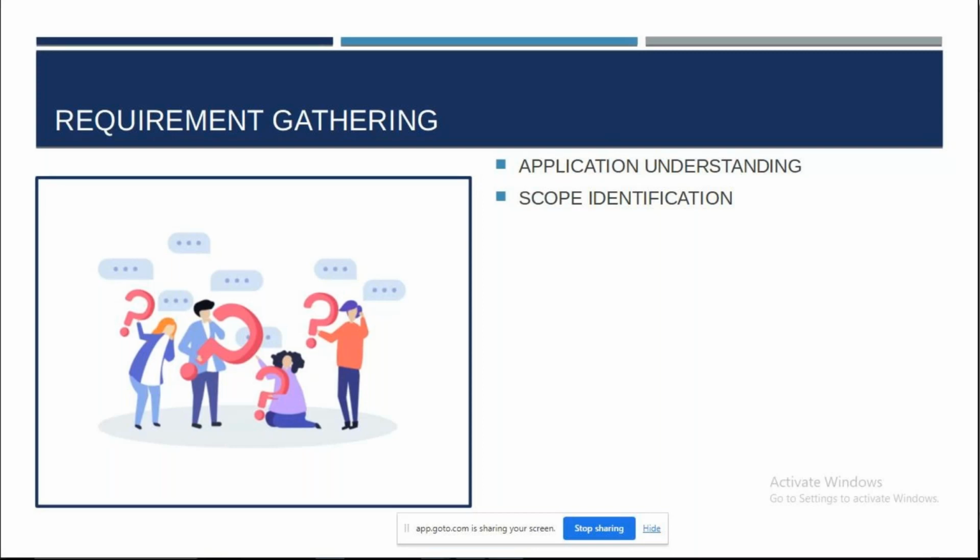But in that application there will also be the functionality to change your password, to update your profile, contact us details. There would be other functionalities also, right? Similarly, in an e-commerce application, you will have different functionalities, but the majority of the users will search for products and try to purchase those products.